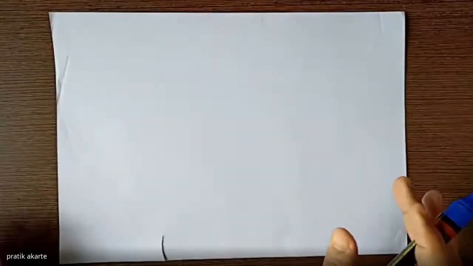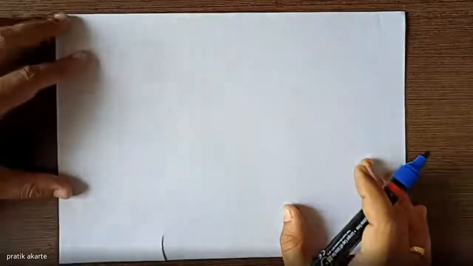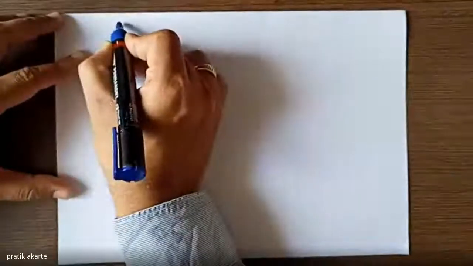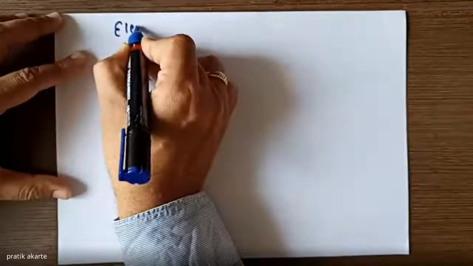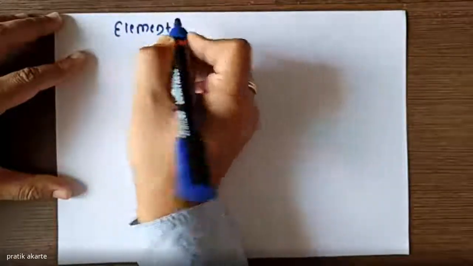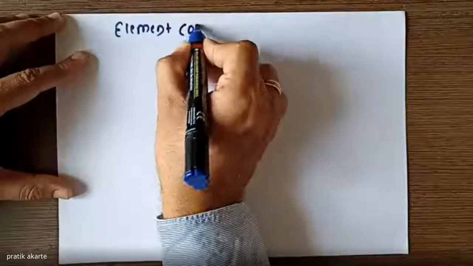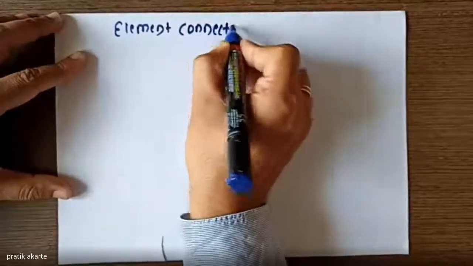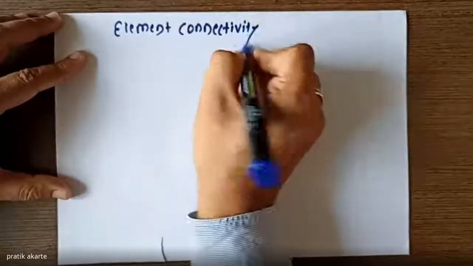Our first step is to write the element connectivity table. Rather, the first step is your finite element model, which I have already drawn for you. So we'll now write the element connectivity table.